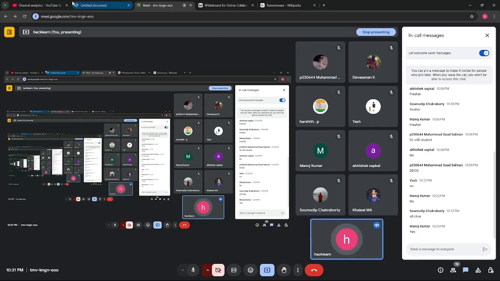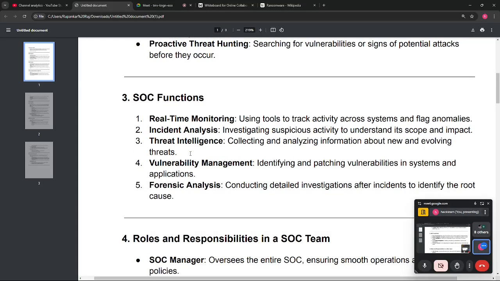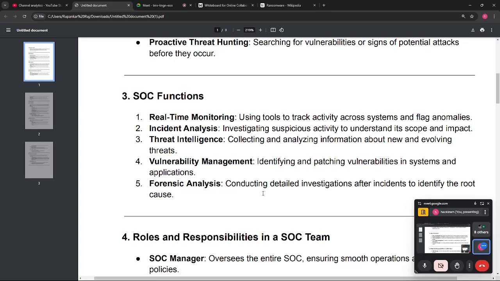So after that, let's move to the next part, which is SOC functions, like how SOC functions in the company. Basically, the SOC is responsible for ensuring the cybersecurity of an organization through several key functions. These functions help in prevention, detection, and response to cyber threats.